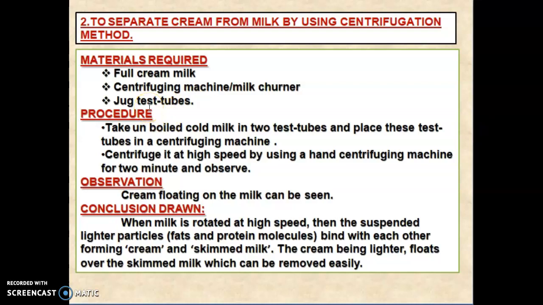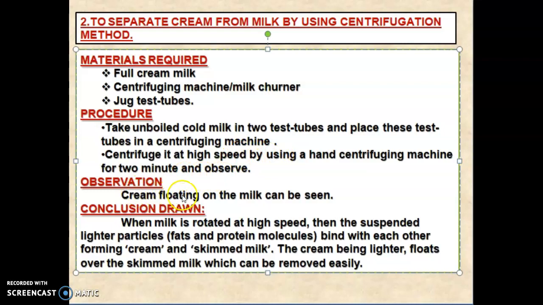Next, a jug and test tube. Procedure: take unboiled cold milk in a test tube and place the test tube in a centrifuging machine. Centrifuge it at high speed using a hand centrifuging machine for a few minutes and observe.